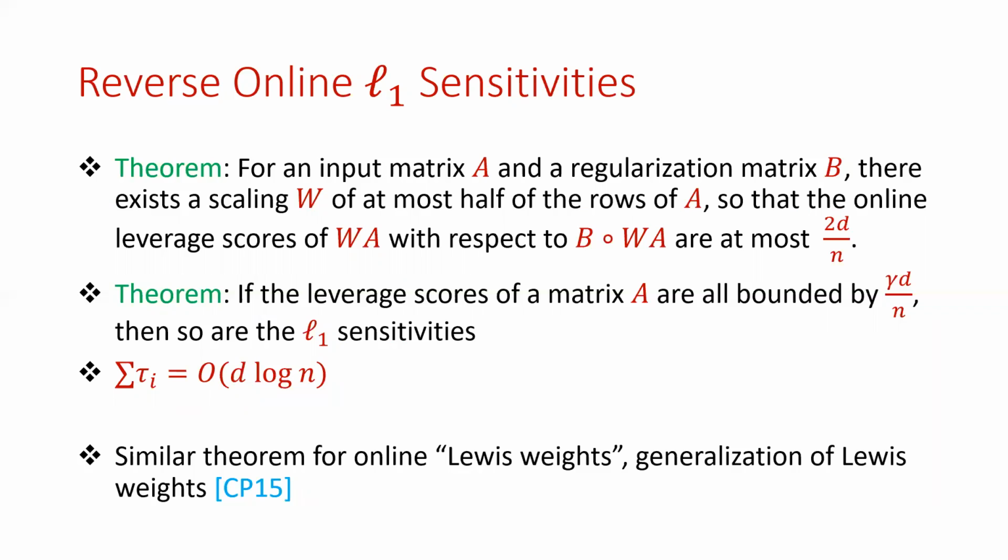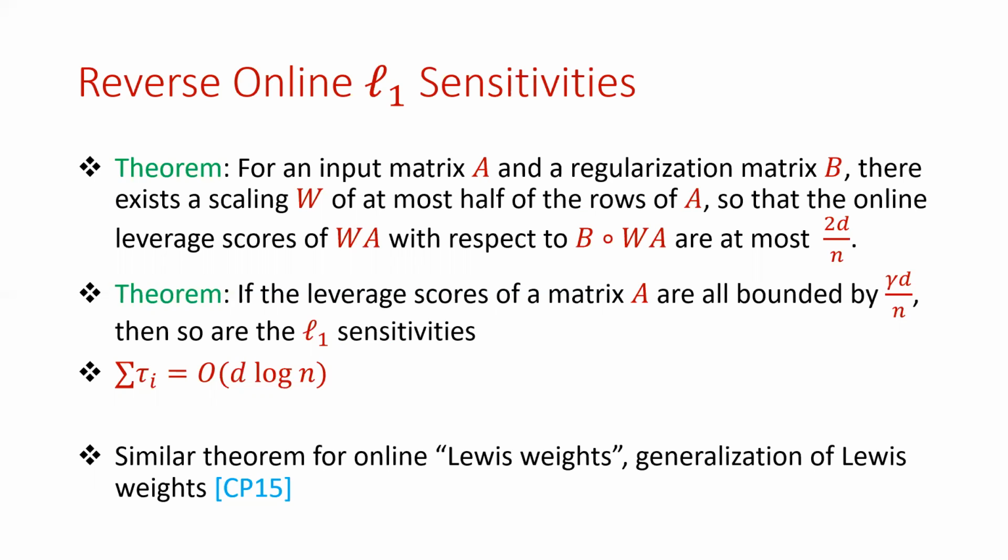Note that this is the online leverage scores and not the online L1 sensitivities. Then we give another theorem that says that if the leverage scores of a matrix A are uniformly bounded, then so are the L1 sensitivities. Thus, this gives us some way to uniformly bound the online L1 sensitivities.